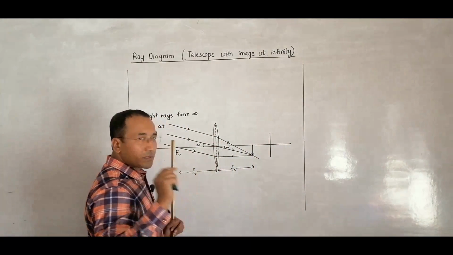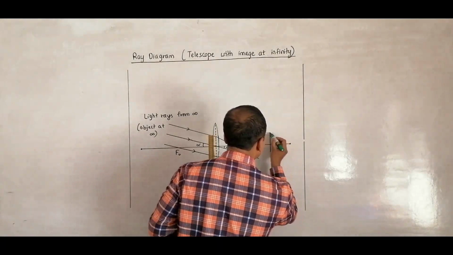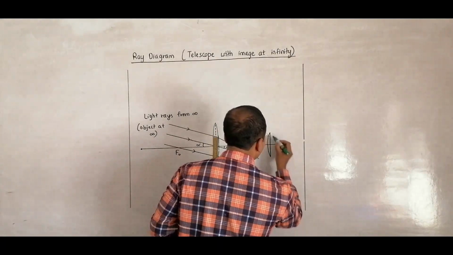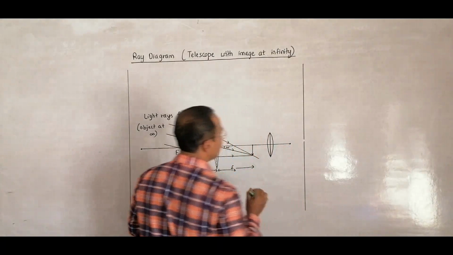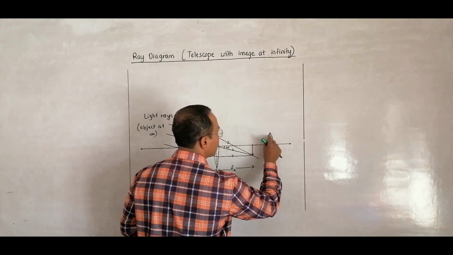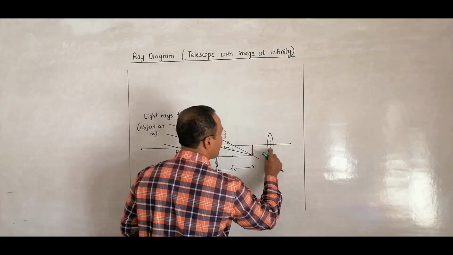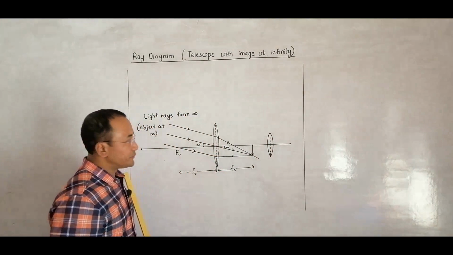Size smaller, but thickness a bit more. So that's why let me do it like this. So I can make it comparatively thicker. So let me do it dotted, because this is just a virtual thing here. Light rays don't reach here, just that we have considered. So this is the eyepiece.